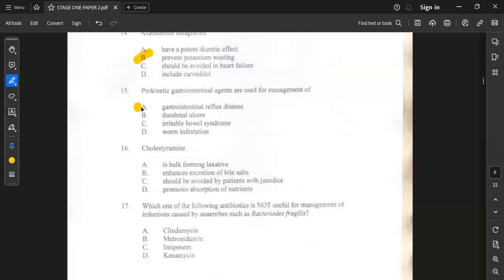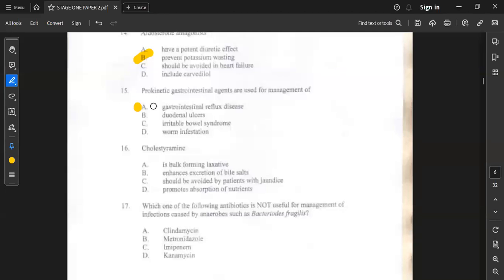What are prokinetic agents? Is it like medications for constipation? No, they are medications to promote motility, movement of stuff from the stomach, or rather from the lower esophageal sphincter into the intestines.